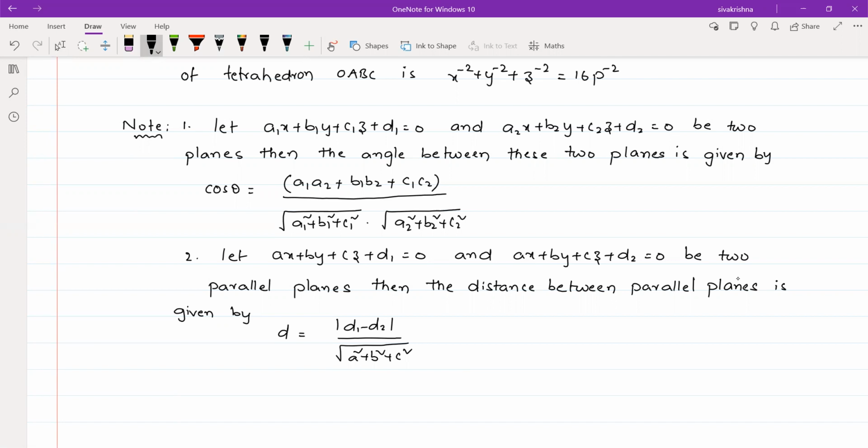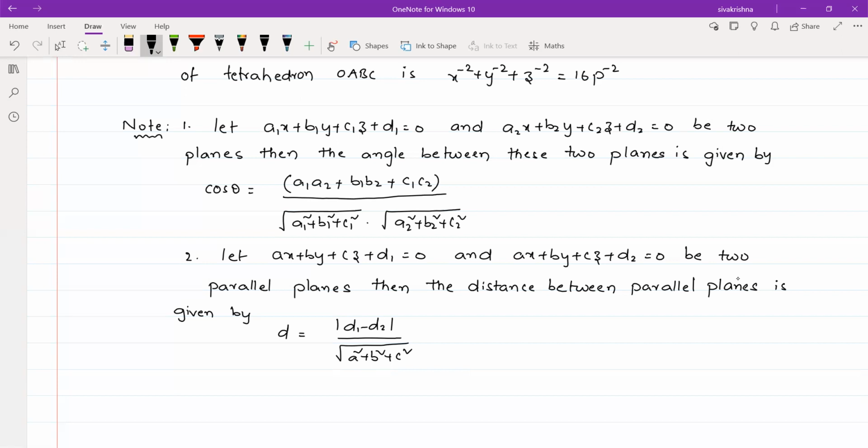Coming to the second point, if you want to find the distance between two parallel planes, how can we say that the two planes are parallel? If we observe the equations ax plus by plus cz plus d1 is equal to 0 and ax plus by plus cz plus d2 is equal to 0, the coefficients of x, y and z are equal.